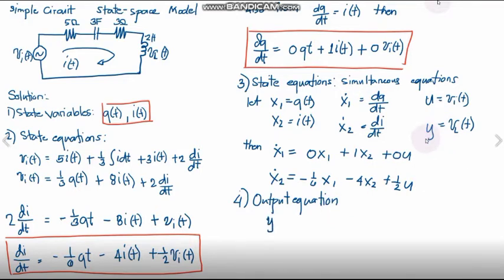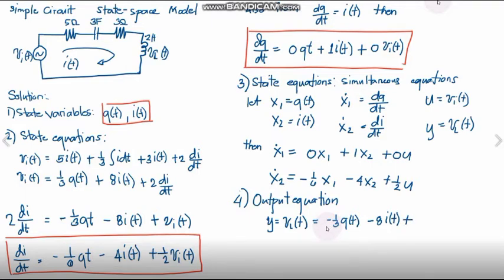And for the output equation, our y is equal to v_L(t). Take note, this v_L(t) is the voltage across the inductor, where we get our output voltage.